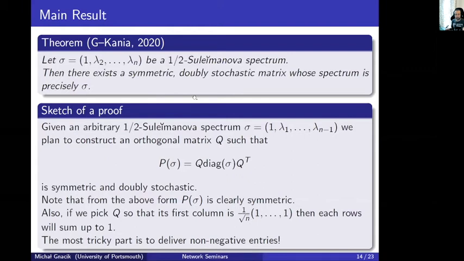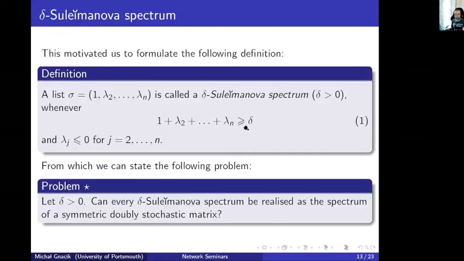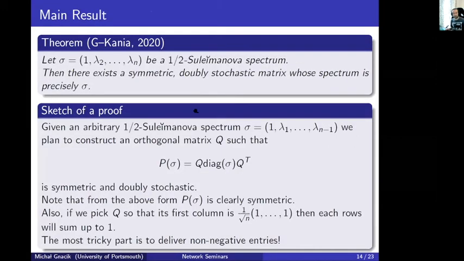And in fact, maybe this will give you an idea how to get a better delta than a half, right? So if you come up with a different matrix, then you could get a smaller number delta than a half, and then perhaps get a better result. So if we are given an arbitrary half Suleimanova spectrum, what do we plan to do?